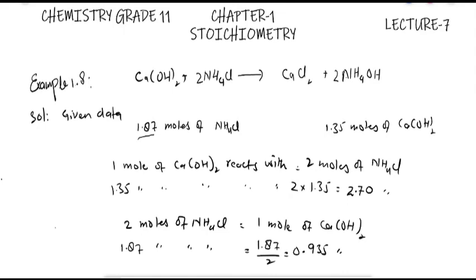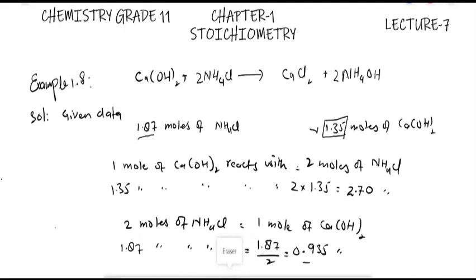0.935 moles of calcium hydroxide will react with 1.87 moles of ammonium chloride, but what we are given are 1.35 moles of calcium hydroxide. So 0.935 moles will react with 1.87 and the rest will be left behind. So we have to calculate the difference of 1.35 and 0.935.